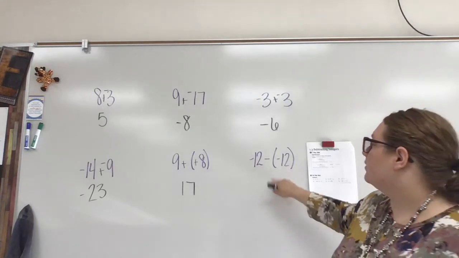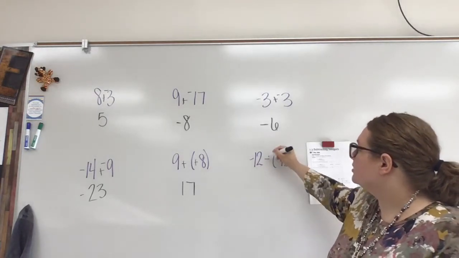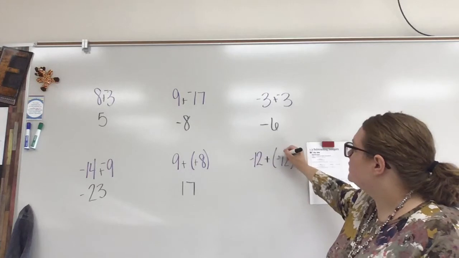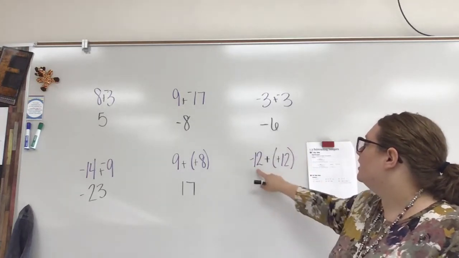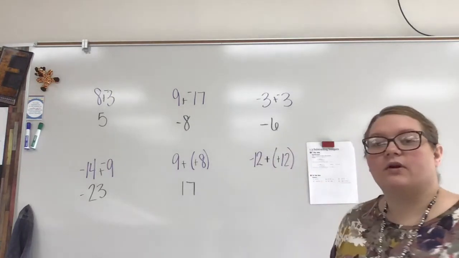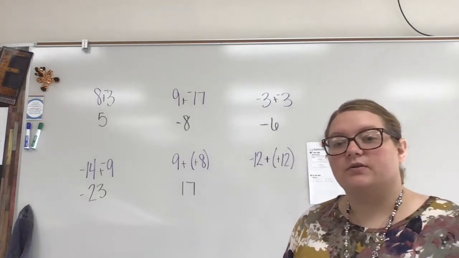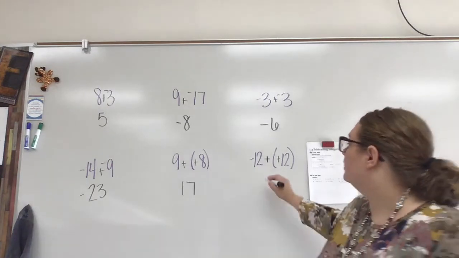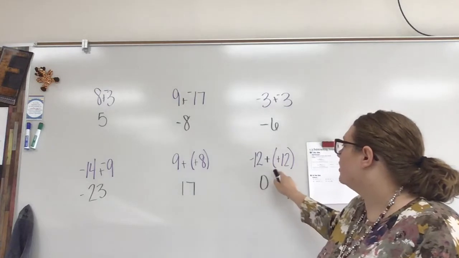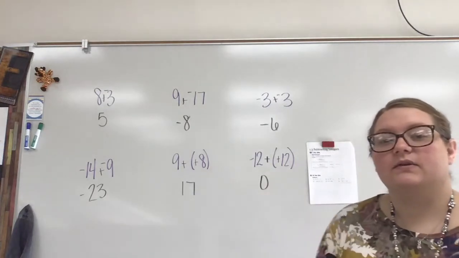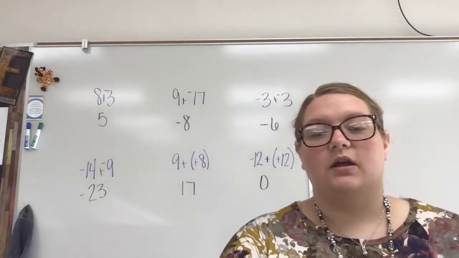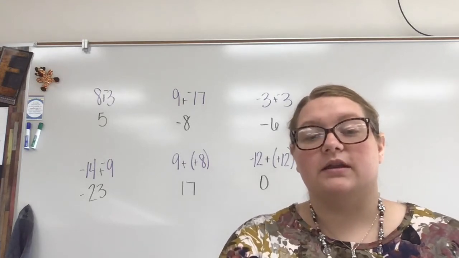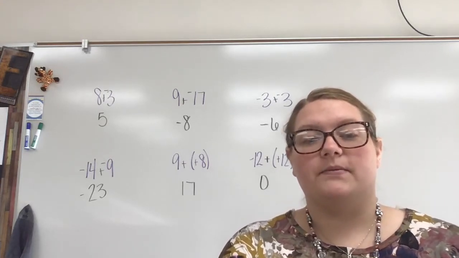On the final one, again, change the subtraction to addition, change the sign of the following number. -12 plus +12. These have opposite signs, so again, we subtract. We would keep the sign of the larger number, but in this case, since we have 0, it needs no sign. Now go ahead and take a look at the next set and then come back when you're ready.